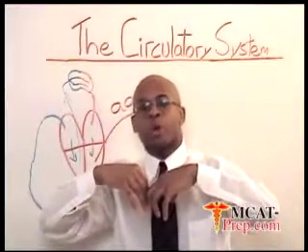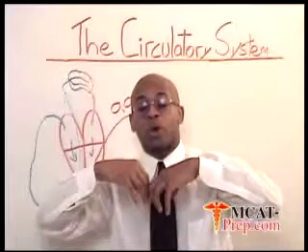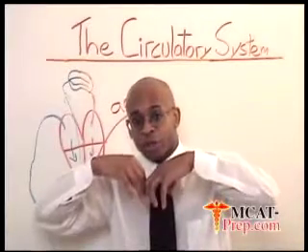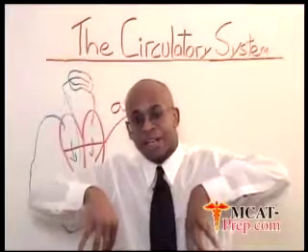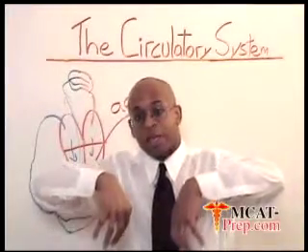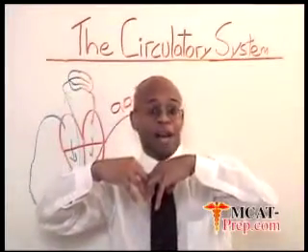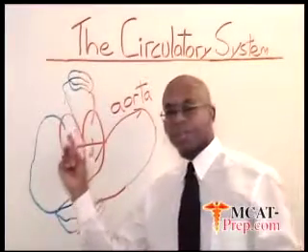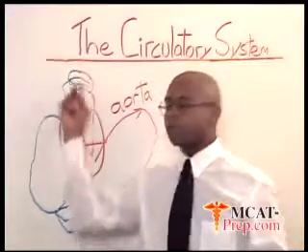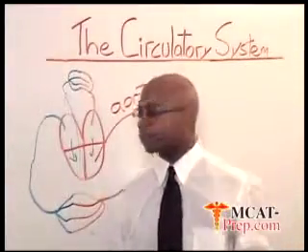So therefore, these are one-way valves. Blood can flow from the atrium into the ventricle, like so. But when the ventricle contracts, then because of the shape, the valve would close back, forcing blood not back into the atrium, but forcing blood into the pulmonary circulation.